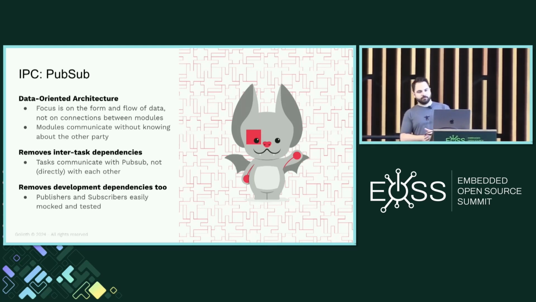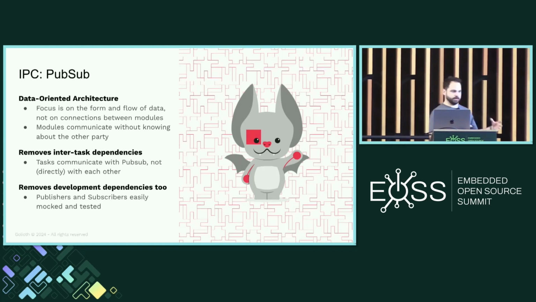Another advantage of this, and again, I want to stress that for me, the main point of this is composability and being able to support multiple firmware products with one set of code. But there are a lot of other benefits too. One of them is removing development dependencies.